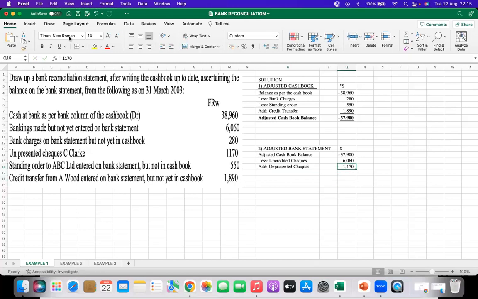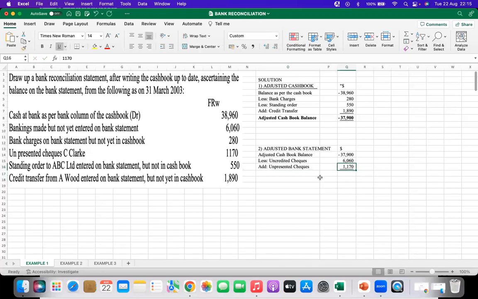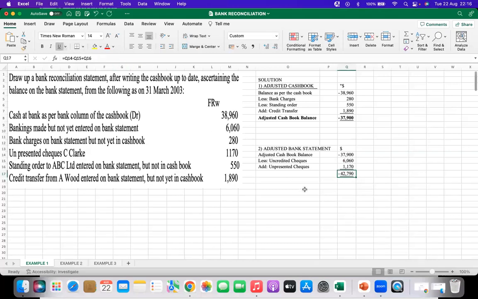Once we get that, we have already made all the adjustments. So we get our answer. Negative 37,900, you less 60, 60, and you add 1170. So what we get is negative 42,760.